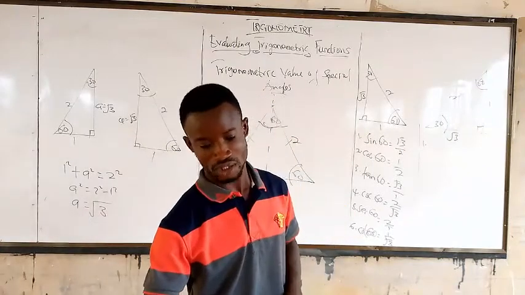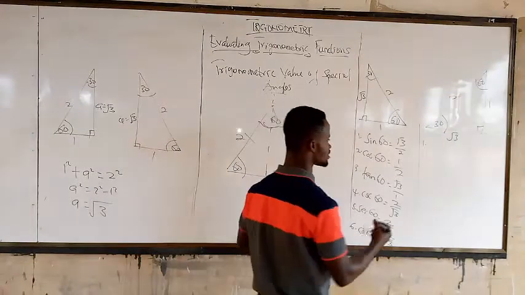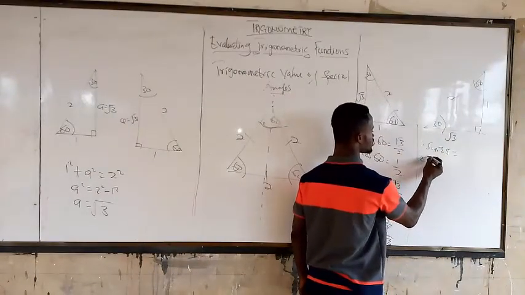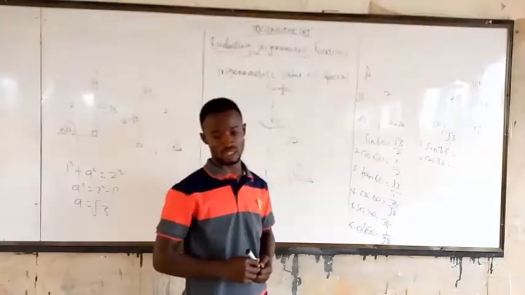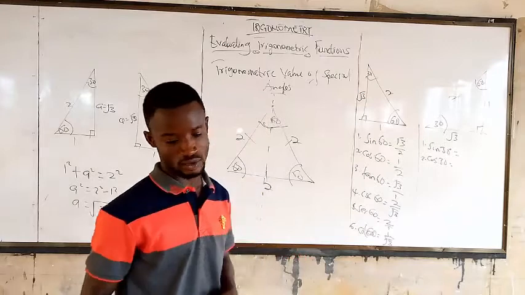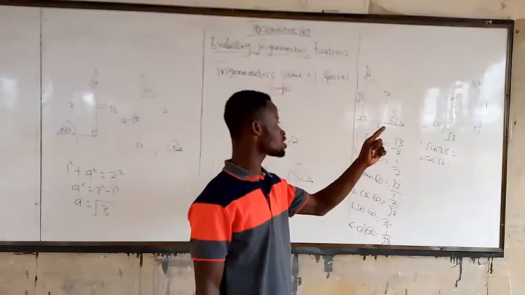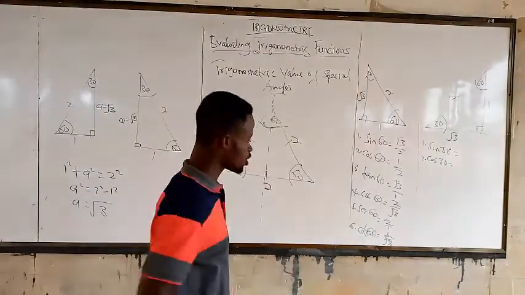When we base on the 30 degrees, what are we going to get for sine 30 degrees, tan 30 degrees, cos 30 degrees, and the likes? Continue for me. Know that sine 30 will be 1 over 2, because it's going to be the opposite over the hypotenuse. Continue for me on that part.